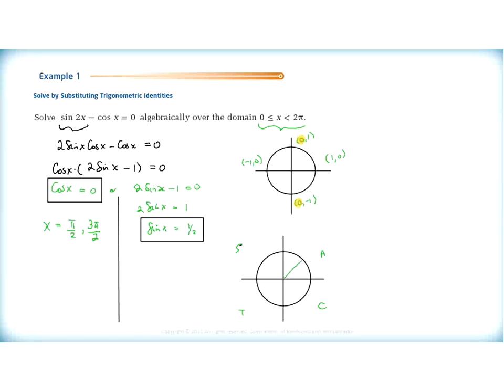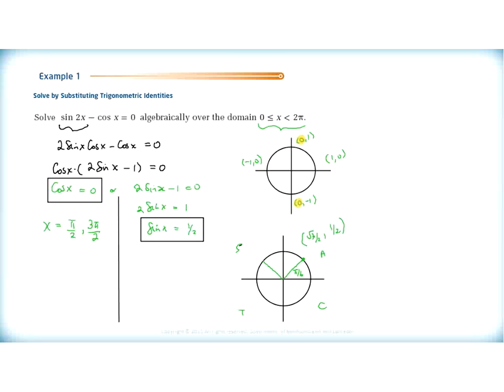That means we'll have a terminal arm in each of these two quadrants, because sine is positive in quadrants 1 and 2. Sine is the second coordinate of our point on the unit circle here. So we're looking for a point that has a sine of a half. Well, you know that if the sine is a half, the cosine is root 3 over 2. And you should recognize that point as having a reference angle of 30 degrees or pi over 6.